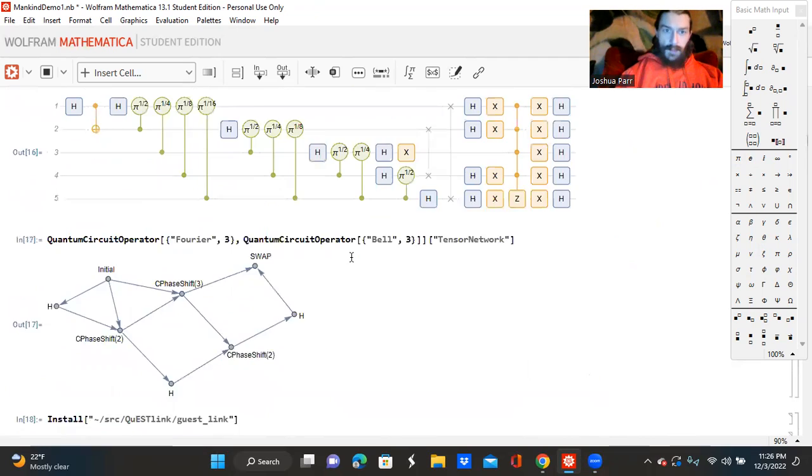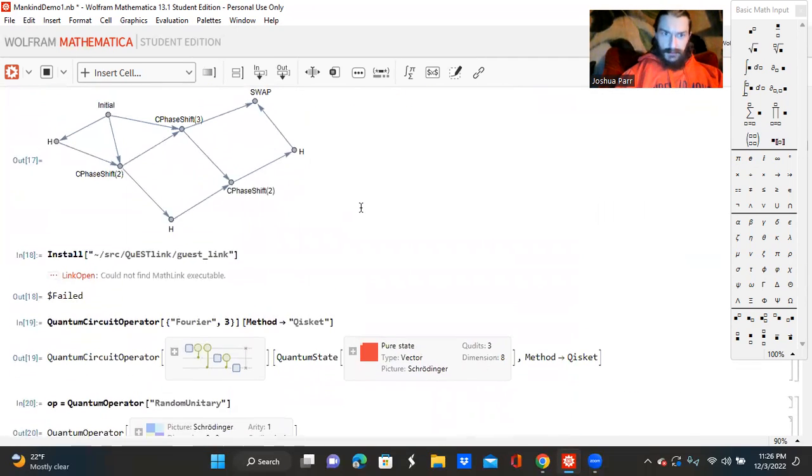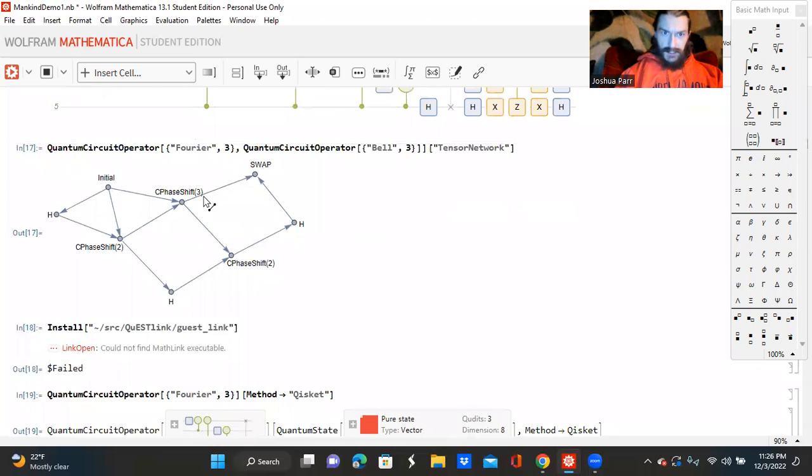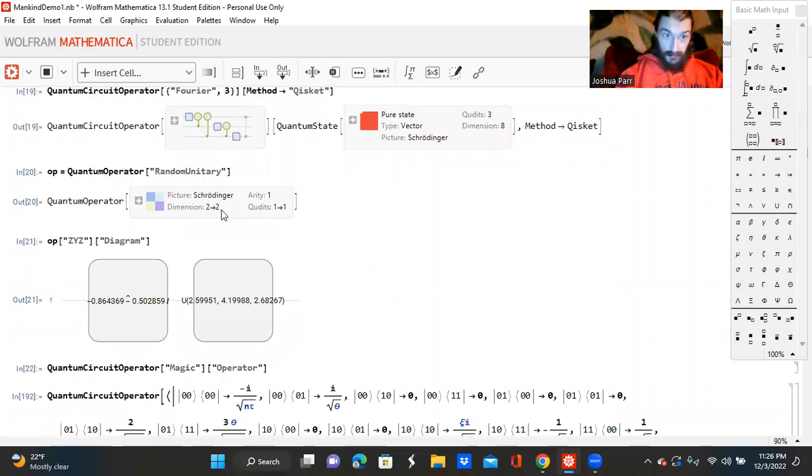Anyway, here's another decent example. The tensor network of the Fourier transform, where the phase shifts and things happen. It's a circuit that you can run as a random unitary operator.